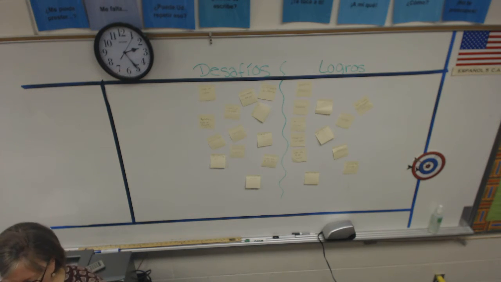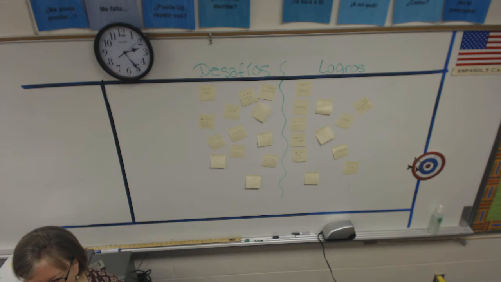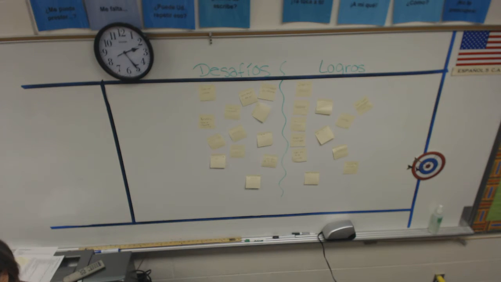So the examples I gave here are irse means to go away or to leave, where ir means just to go. Dormirse means to fall asleep. What's the infinitive that should be in parentheses there? Dormir, D-O-R-M-I-R, dormir, which means to sleep.